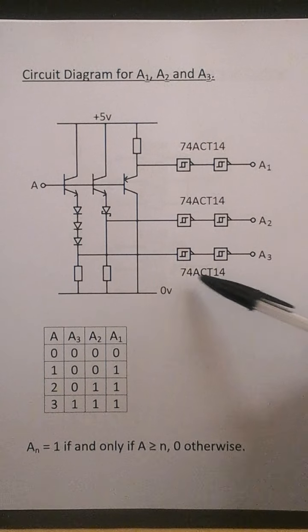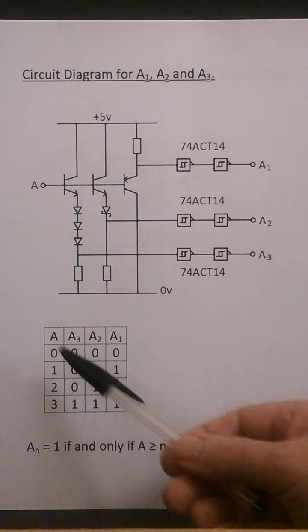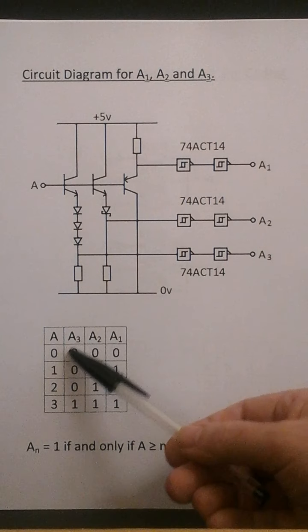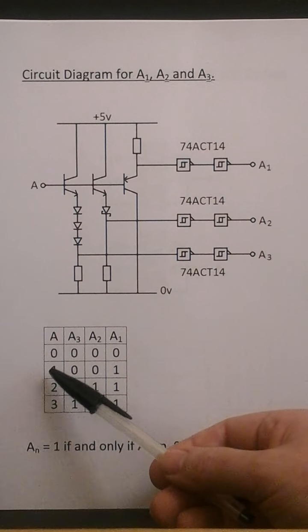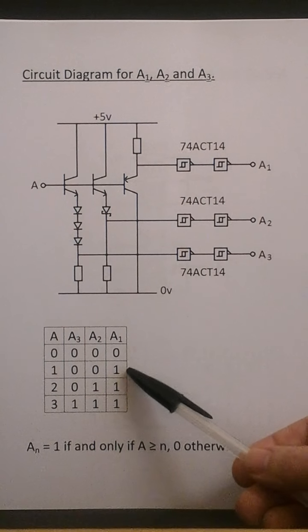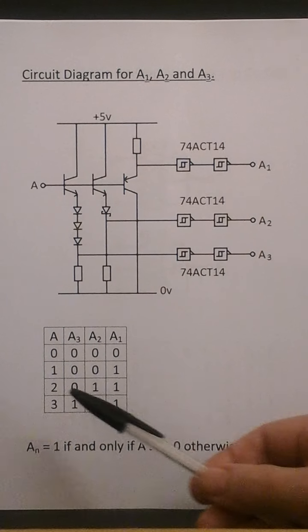This is the Schmitt trigger shown in the previous logic diagram state. So as we see here, if A is a quaternary logic 0, A1, A2, A3 are zeros. If A is a quaternary logic 1, A3 is a 0, A2 is a 0 and A1 is a 1.